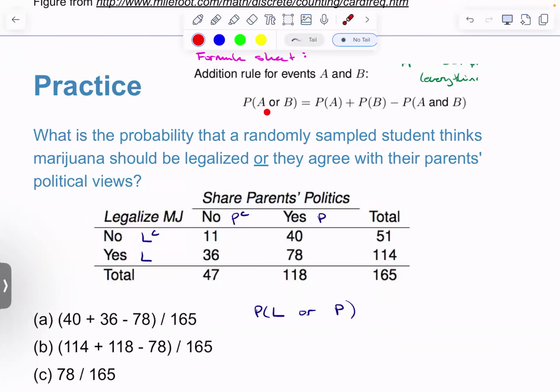So this is a generic A or B. You replace it with whatever you're using to denote your outcomes. So wherever I see an A, I'm going to replace it with an L, and wherever I see a B, I'm going to replace it with a P in my scenario. Okay?